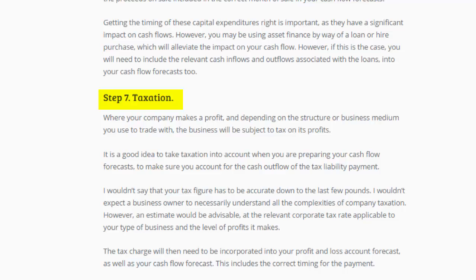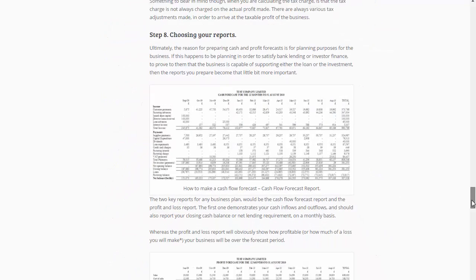Now your accountant might be able to help you with this, or if you're an accountant preparing your cash flow forecasts, then of course you want to make sure that either if you're doing it on a spreadsheet or you've got specific software, you can cater for these types of things. But again, it is only a provision, but it's important that you have a provision in there, and sometimes if you slightly over provide, it is better than under providing or not providing at all.